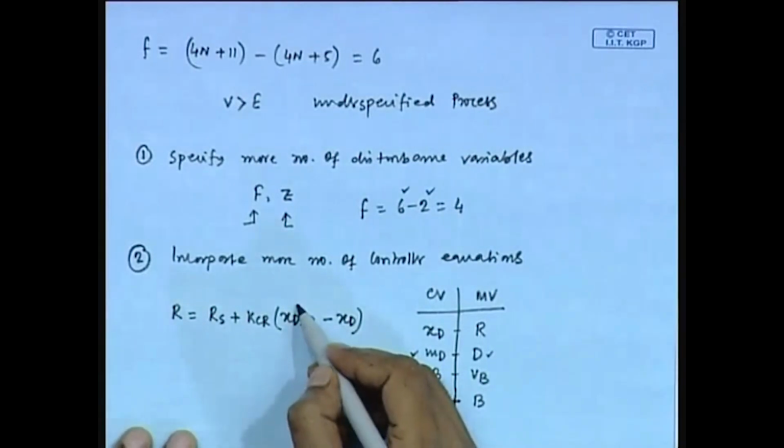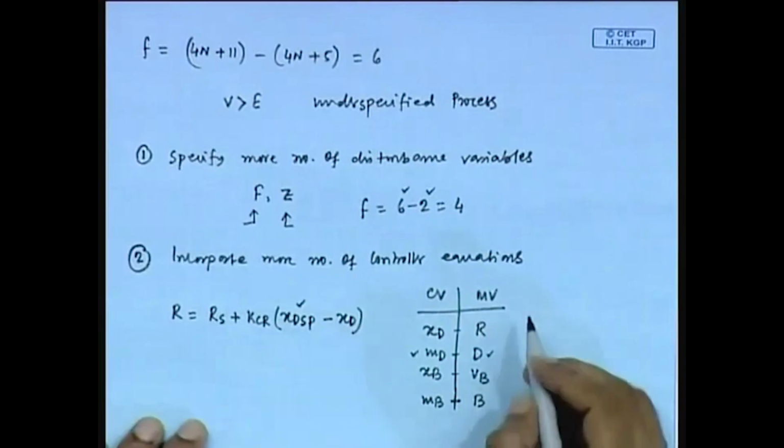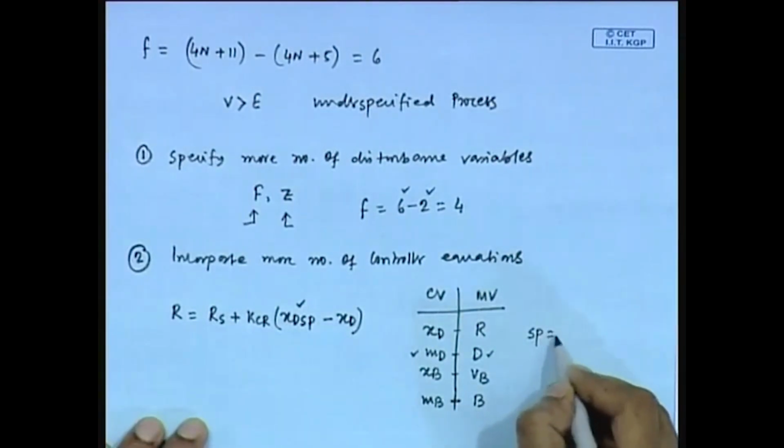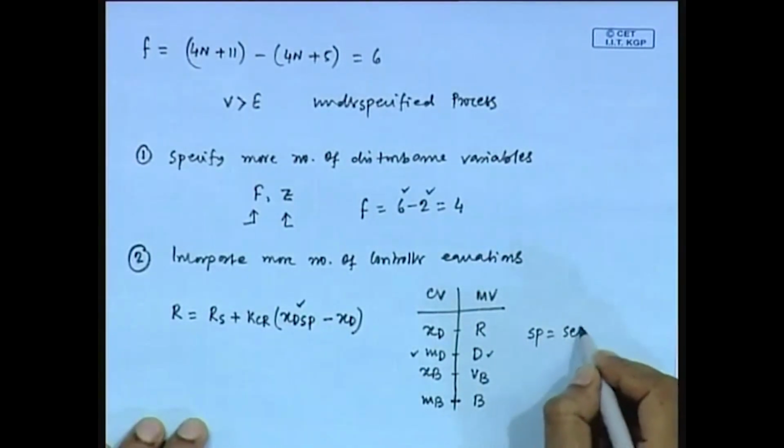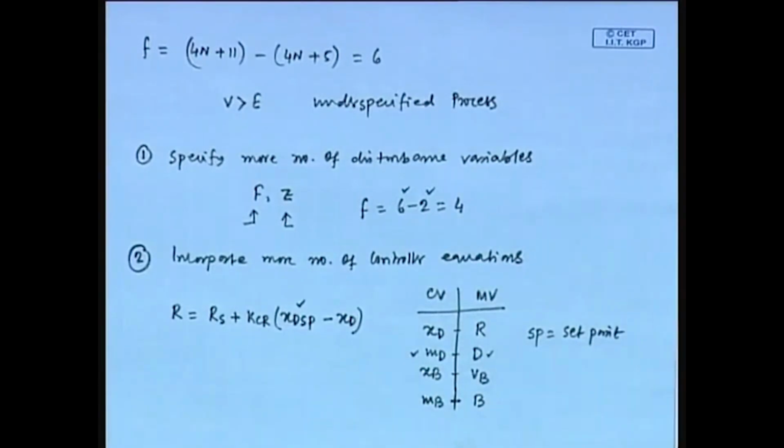Previously we have used suffix D for the desired value. Here we are using SP. SP denotes set point. Set point is nothing but the desired value.